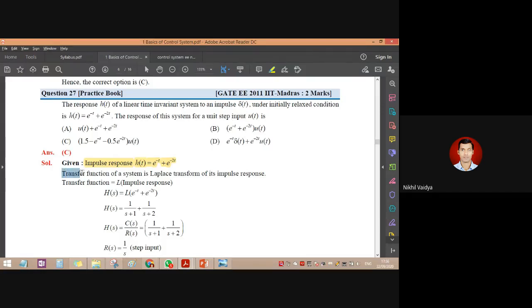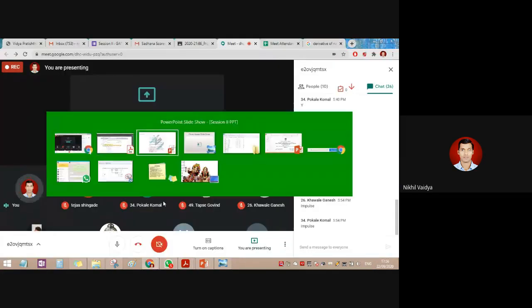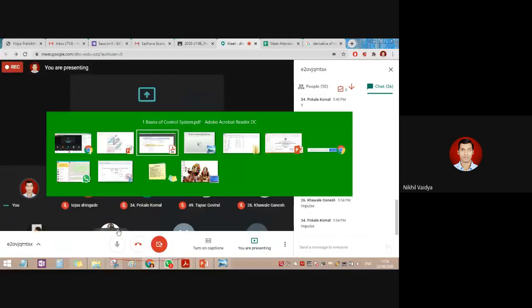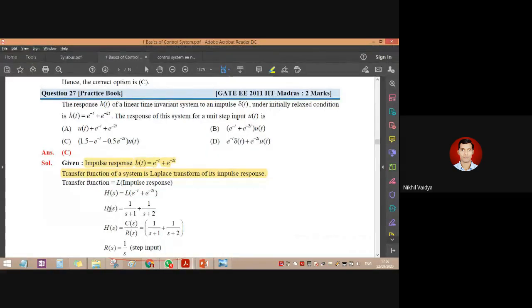The transfer function of the system in Laplace transform is what? Laplace of impulse response is equal to the transfer function.